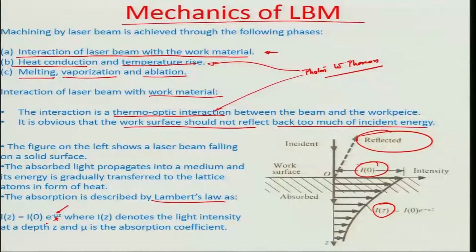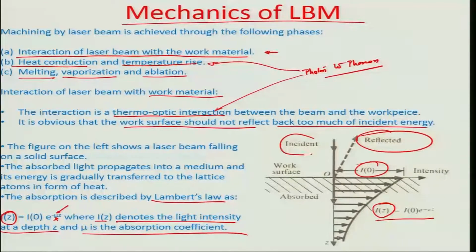But there is definitely a substantial drop in intensity because of absorption by the material, and it goes by the expression Iz equals I0, the surface intensity, times e to the power of minus mu z. Iz denotes the light intensity at a depth z, and mu is the absorption coefficient.